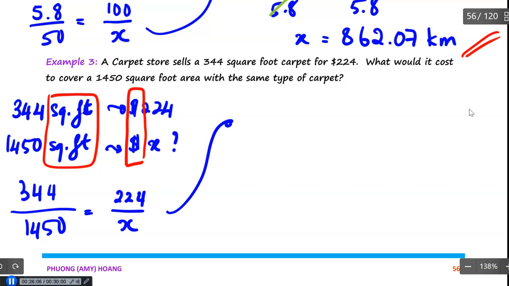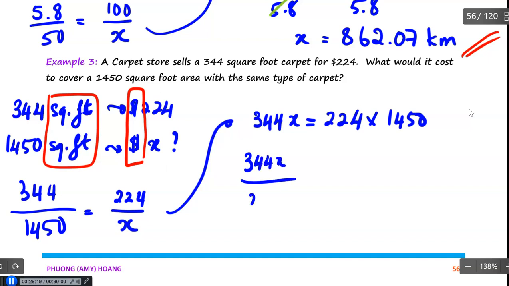Cost multiply, so 344x will be equal to 224 times 1450. And what we do is divide both sides by 344.